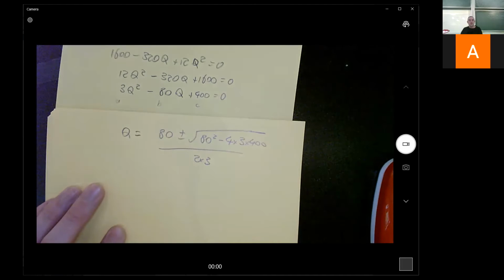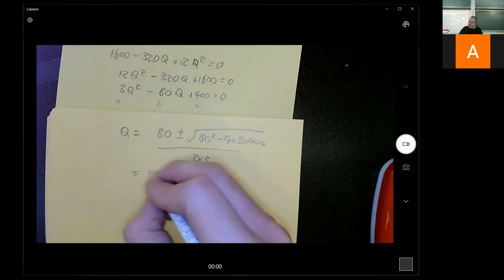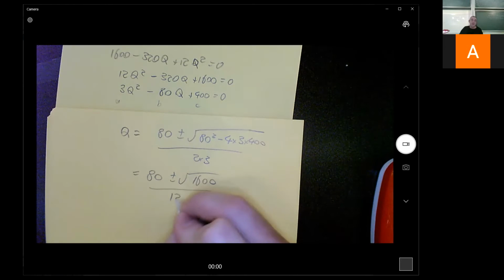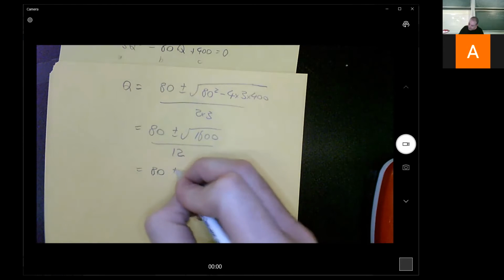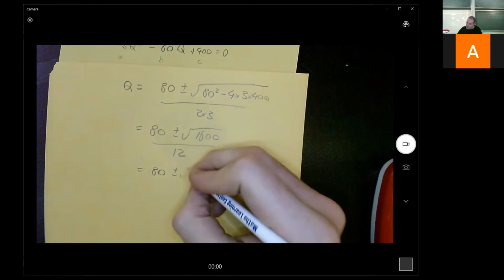Oh, this is interesting. Just want to see what this works out to under here. Oh, wow, nice. Look at that. It's a square number. Awesome. Don't need the square root anymore. That's 40.